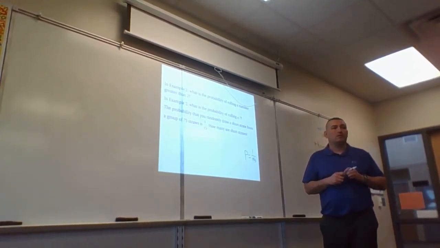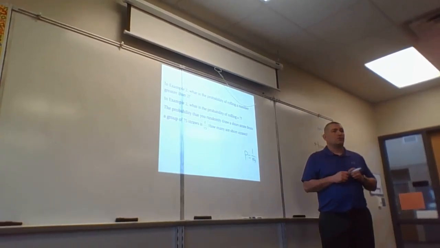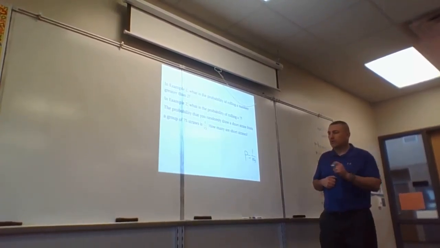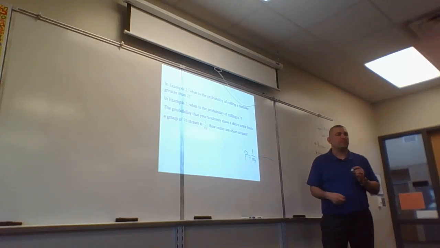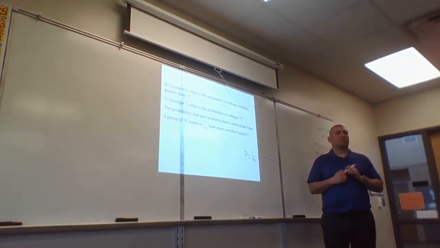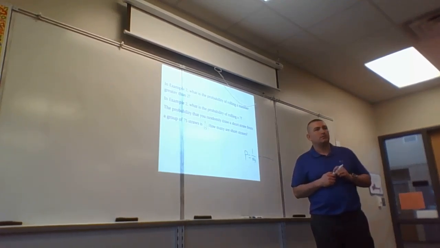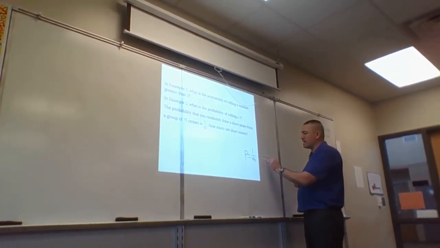Someone help them out. The total of what can happen. Remember, to get our probability, we did favorable outcomes over what? The possible. So 75 is my possible outcomes.